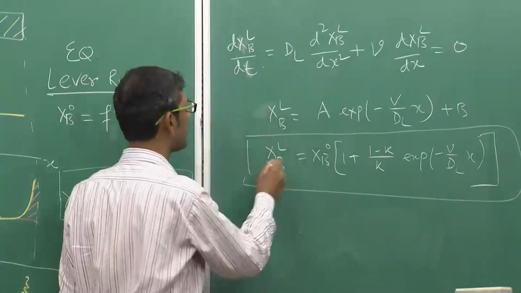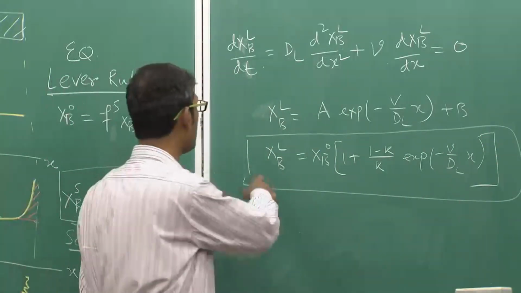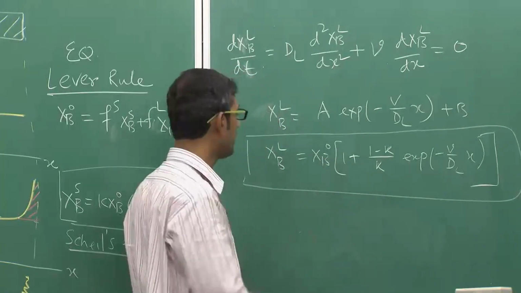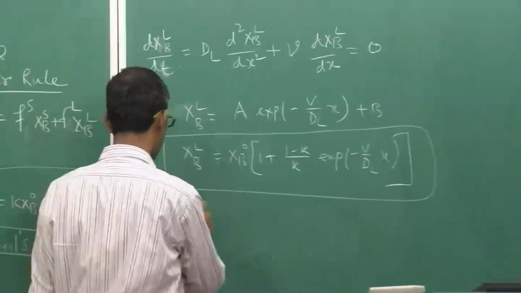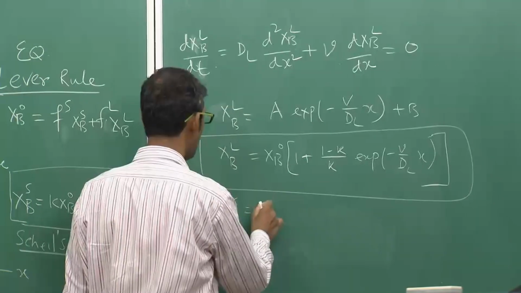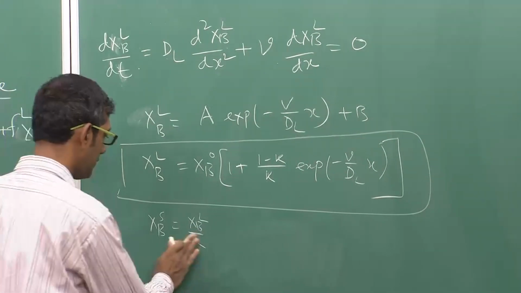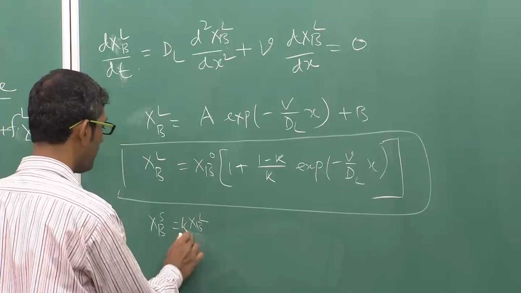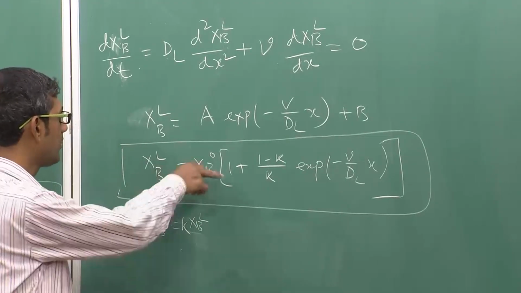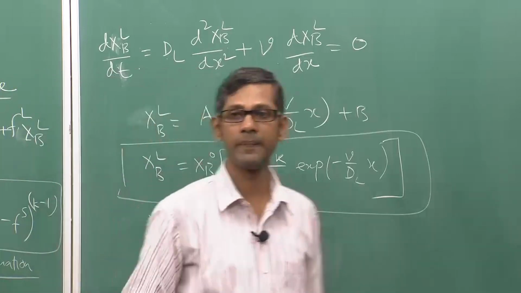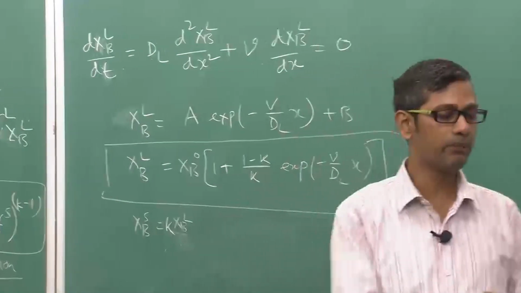And similarly you can write down XBS also. XBS is equal to k multiplied by XBL. So k will go down and it will be there. That is a very important aspect.